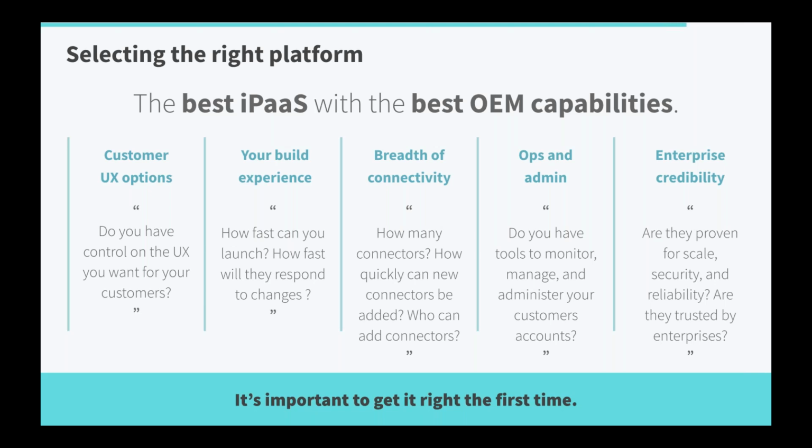So the build experience, the breadth again of capability that is available is important, because different customers have different needs there. And I talked about connectivity. One is just the availability of connectors, but equally important is, can anyone build a connector?